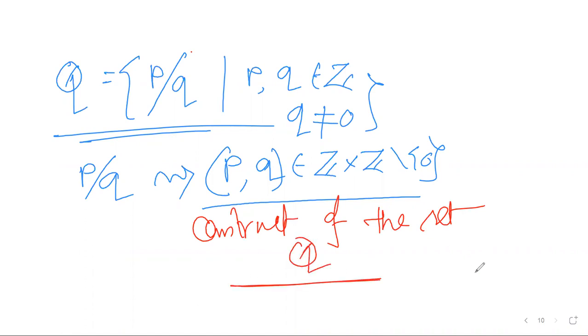Fine, so I will do it step by step. I already see what my set is here. My set is Z cross Z minus 0.